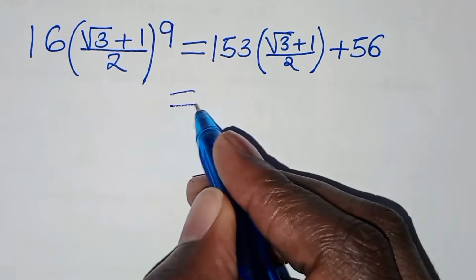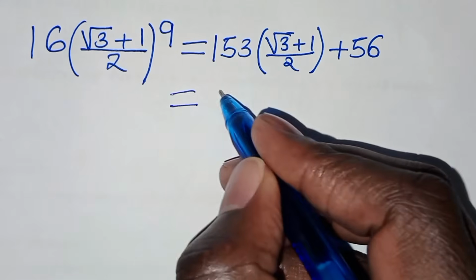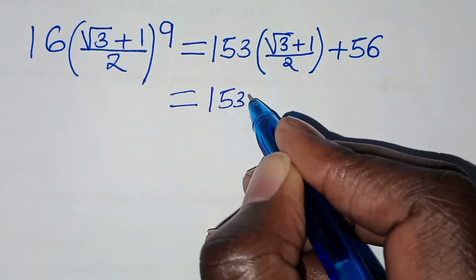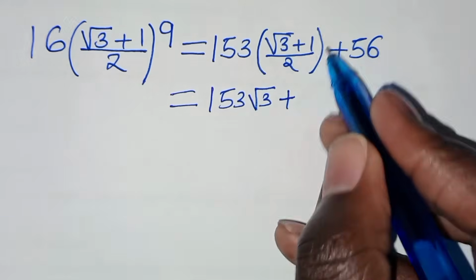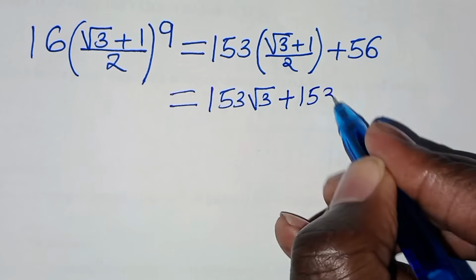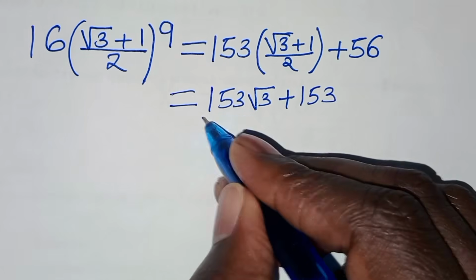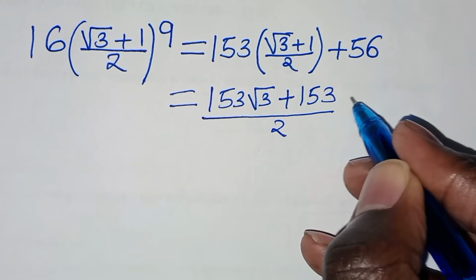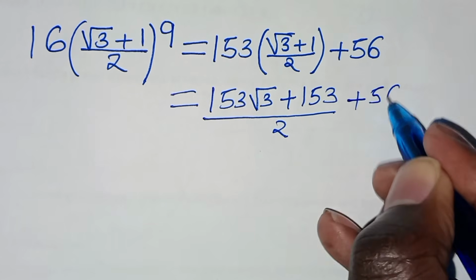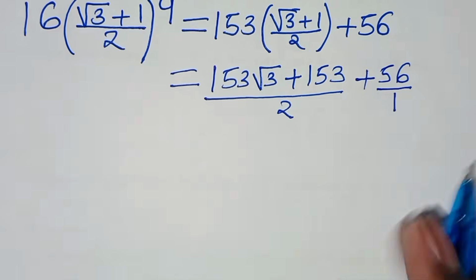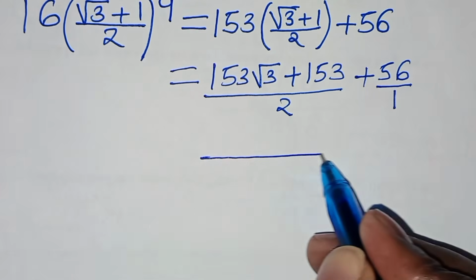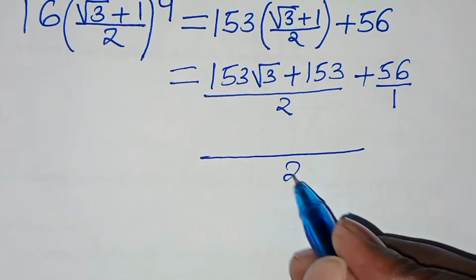Now this is equal to, now 153 times square root of 3, this is 153 square root of 3, plus 153 times 1, this is 153, then over 2 plus 56. So 56 is a whole number, so this is over 1. So that now the LCM here is equal to 2.